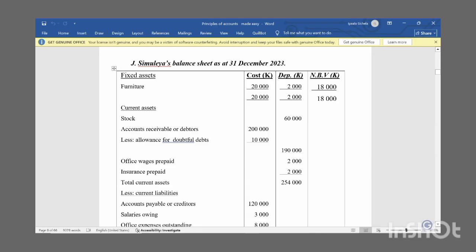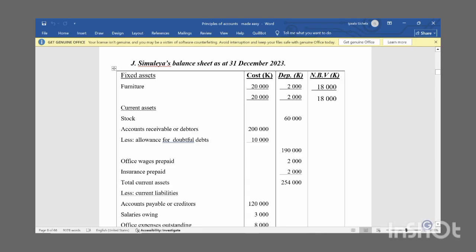Net book value is cost minus depreciation. So 20,000 minus 2,000 will give me 18,000. Just write it like this. You would close the account from here to there, but leave this part because you're still using this figure here.